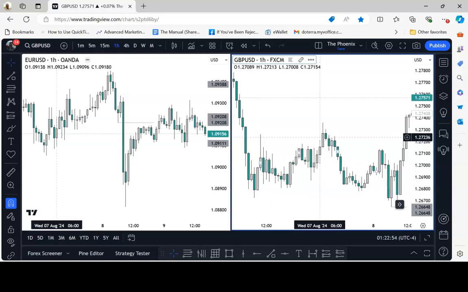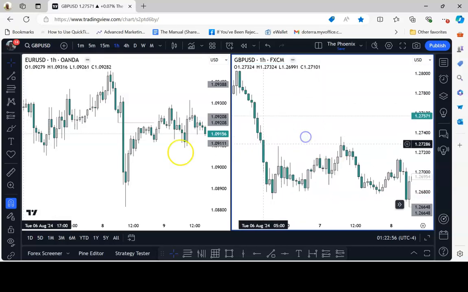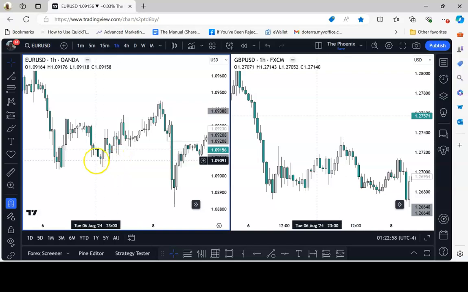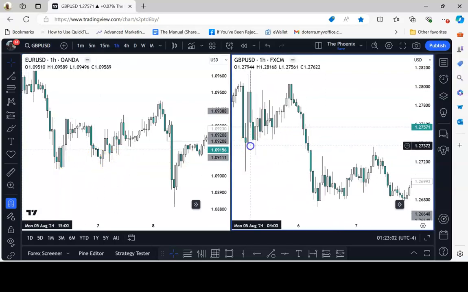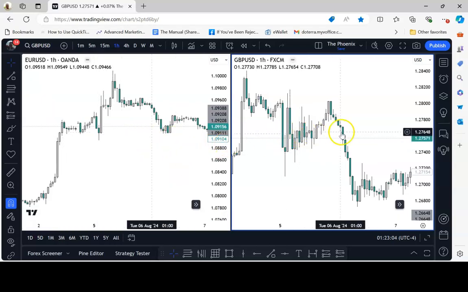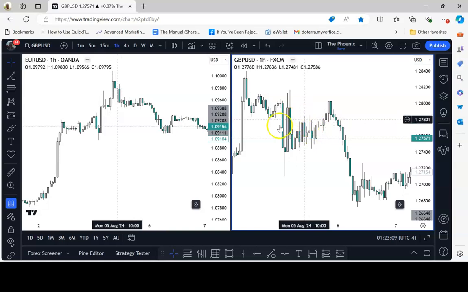Let's see what else we can find. There's divergence in here as well. It's here.